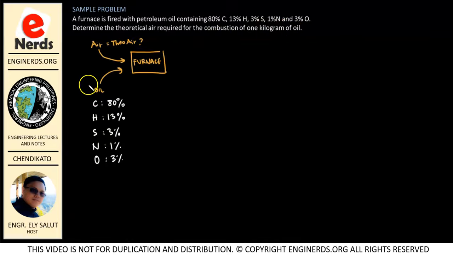So, given sa atin ang weight ng ating oil, which is 1 kilogram. So, of course, our product or our flue gas, okay, will be here. So, take note natin yung ating given. We have a basis of 1 kilogram of oil. Okay, so if we have 1 kilogram of oil, we can get kung ano yung weight ng ating mga components dito, no?